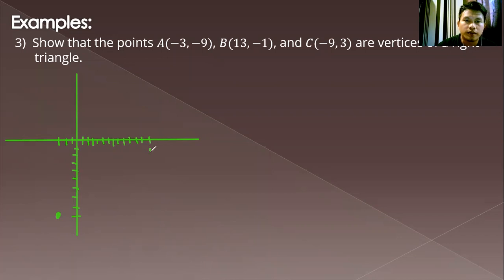Then we have -9 and +3. So this is our point A, this is our point B, and this is our point C. Let us connect these points.